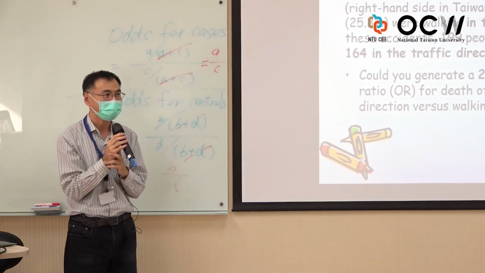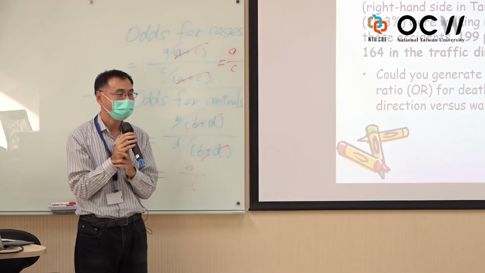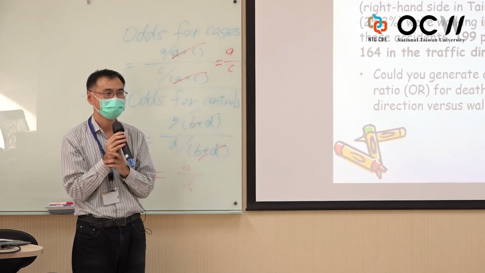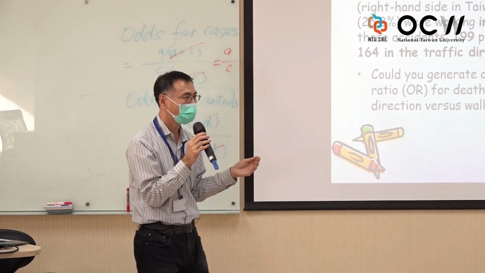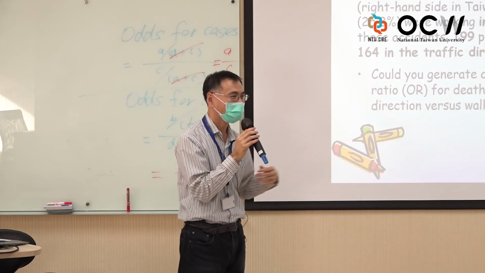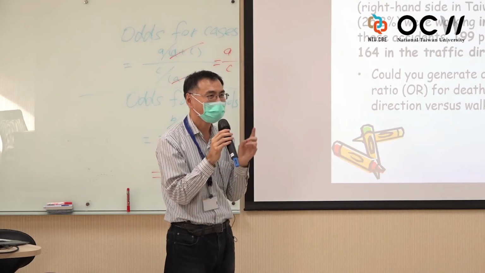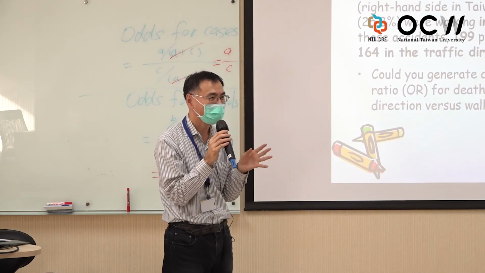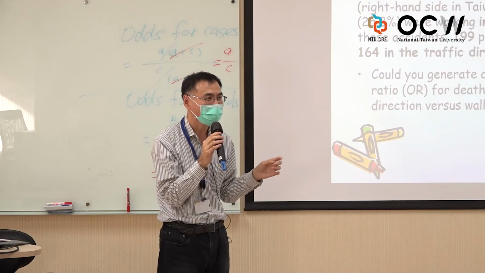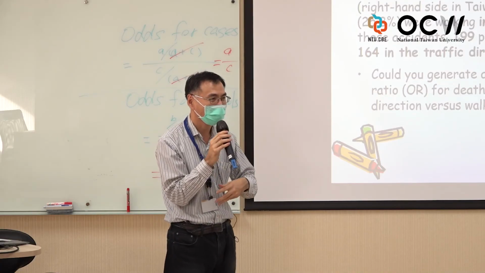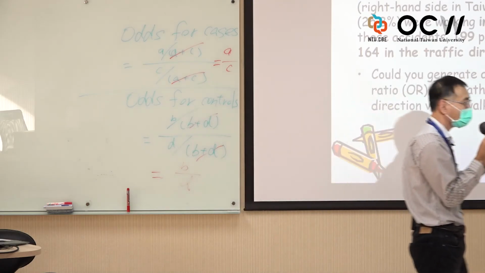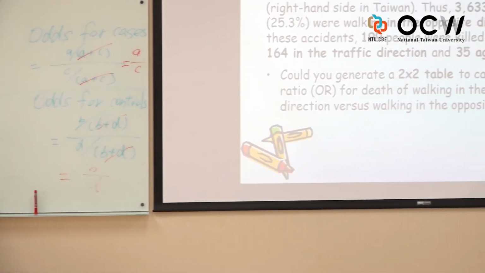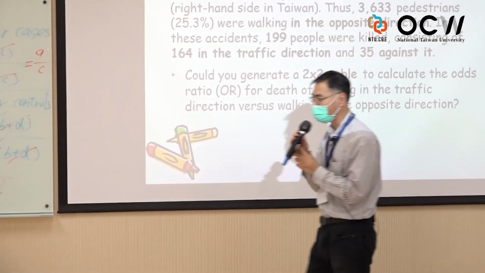So the answer is about 1.5 something, right? Okay, so how are we going to explain it? The people walking along the traffic direction got a higher risk, which is about 50% higher, because it's a ratio, right, if they walk in the direction. If they walk against it, that's 1 because this is the denominator for the odds ratio.